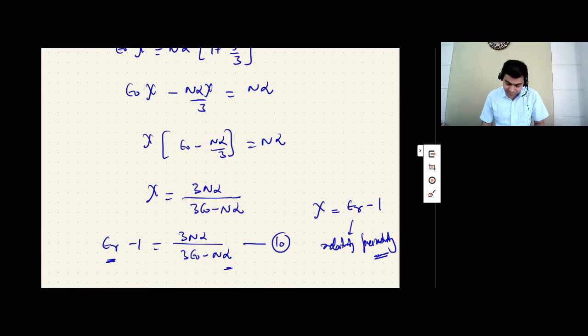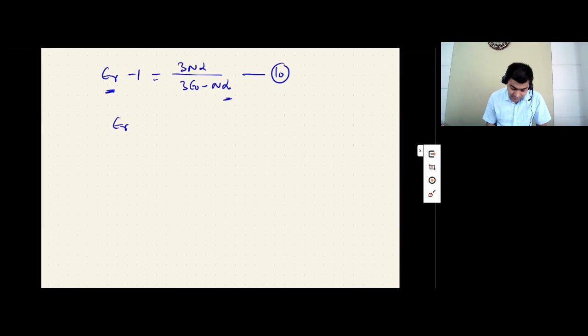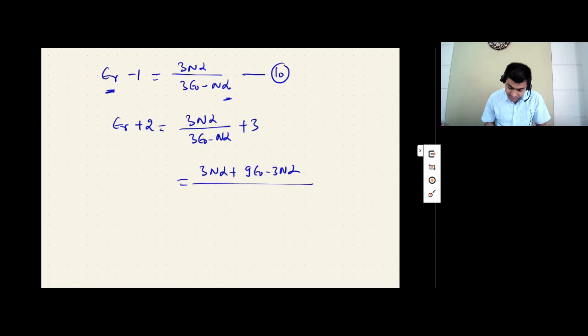There is a much more familiar form of this, which can be written as follows. If I add 3 to both sides of epsilon r minus 1, I get 3 N alpha upon (3 epsilon naught minus N alpha) plus 3, which means (3 N alpha plus 9 epsilon 0 minus 3 N alpha) divided by (3 epsilon 0 minus N alpha). So this goes away, and I get 9 epsilon naught upon (3 epsilon naught minus N alpha).